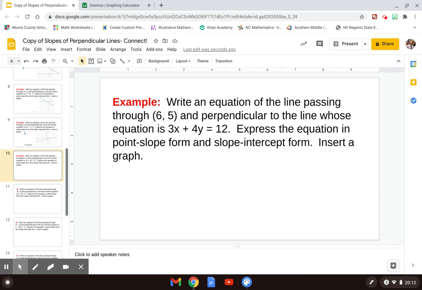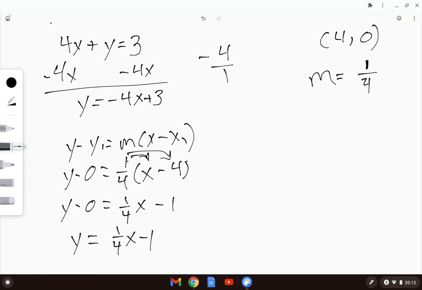Write an equation of a line passing through (6, 5) and perpendicular to the line whose equation is 3x plus 4y equals 12. Alrighty, so let's go ahead and change this into slope-intercept form. So we subtract 3x from both sides.